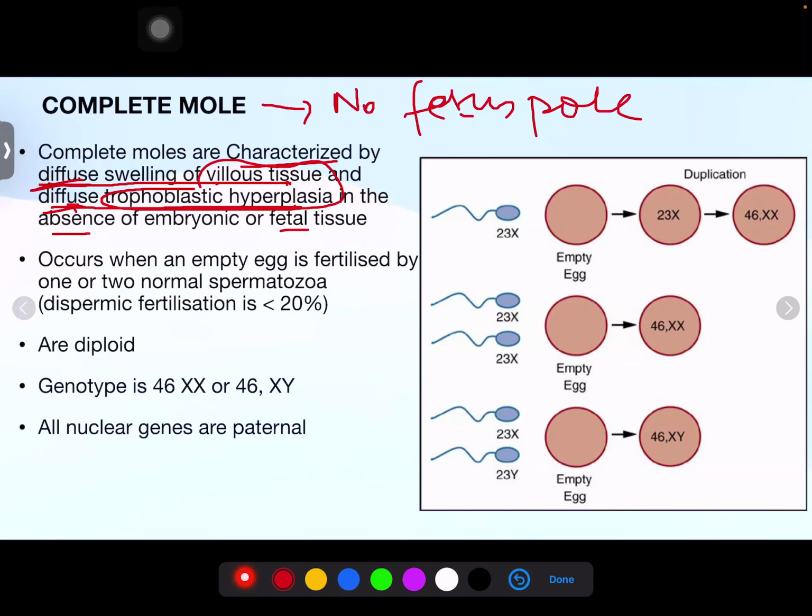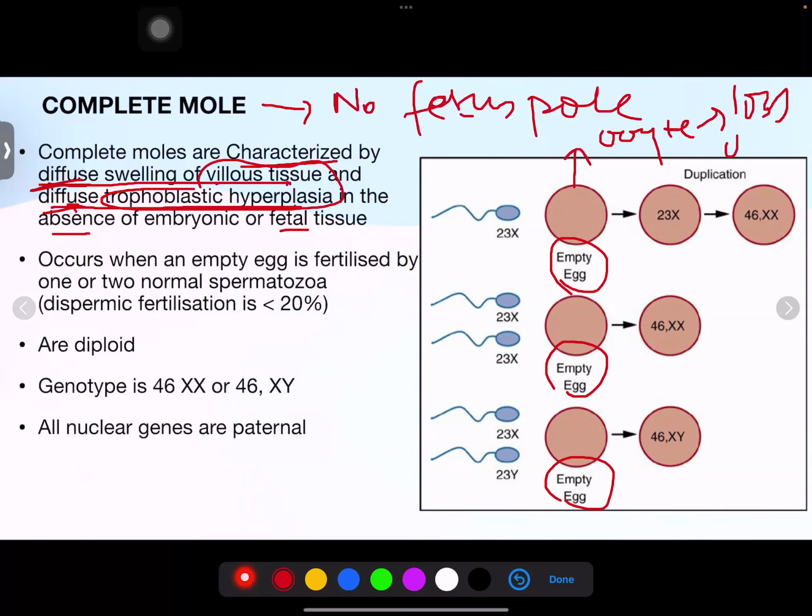Now, how does it happen? There are three possibilities. One thing you have to remember, if you see this diagram, empty egg means the maternal oocyte has lost its chromosomes, so no maternal chromosomes are present.